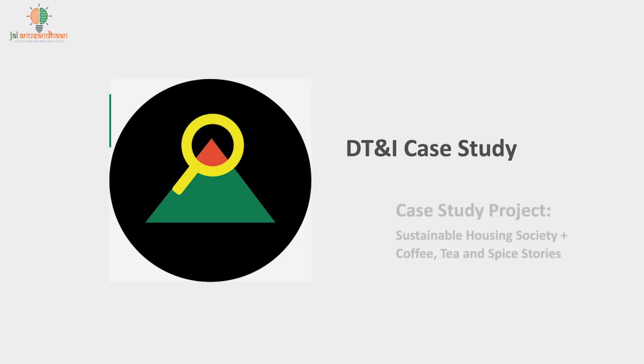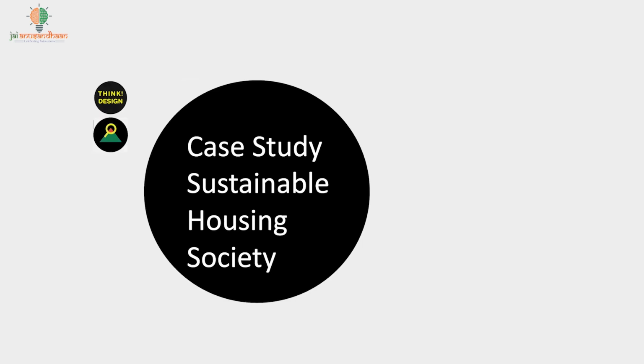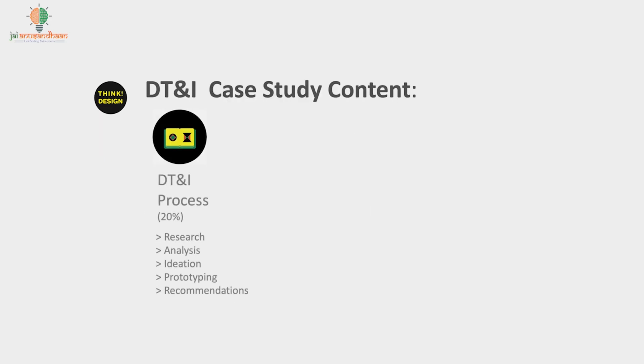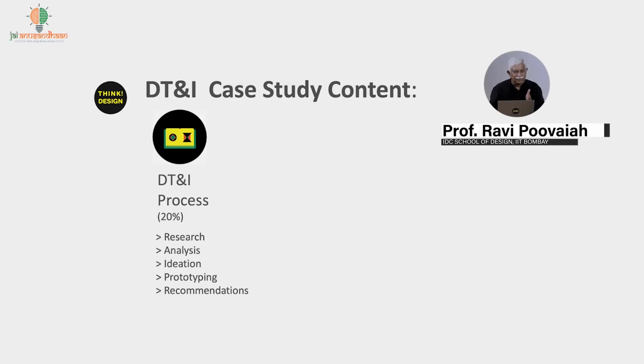So, we will start with the first one, the Sustainable Housing Society. It follows the design thinking process: research, analysis, ideation, then prototyping and then recommendations.